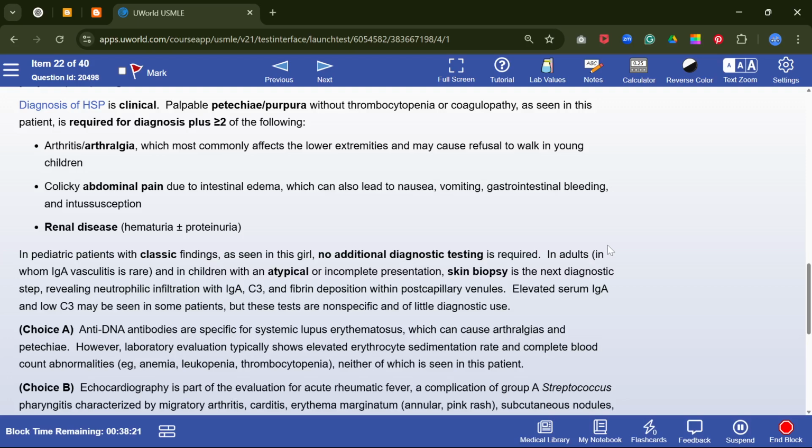Elevated serum IgA and low C3 may be seen in some patients, but those tests are non-specific and of little diagnostic use.